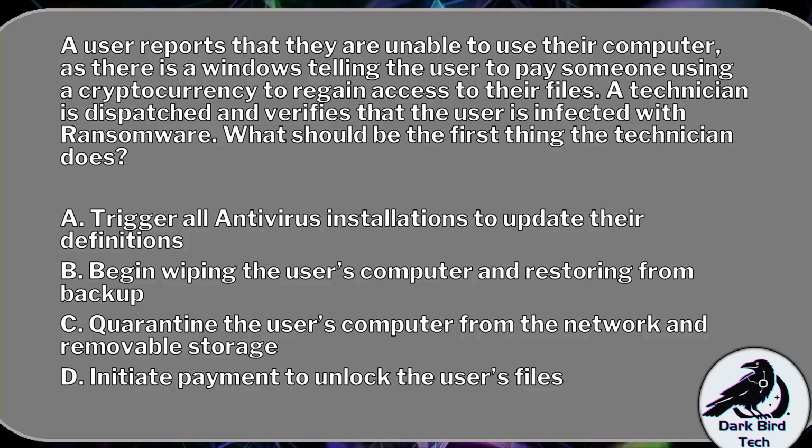Begin wiping the user's computer and restoring from a backup would be good if backups are being performed regularly, and we can be pretty confident that the ransomware has not infected the backups as well. A very common strategy with ransomware attackers right now is that they'll infect and then they'll wait and wait and wait before they trigger their ransomware. That way there's a very good chance the ransomware becomes part of the backup. If we try to restore from the backup, they just have to re-trigger it, and then we're back to square one.